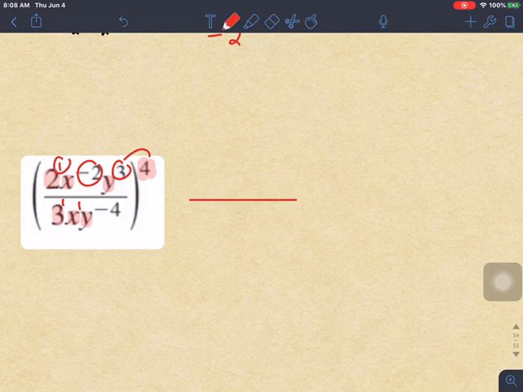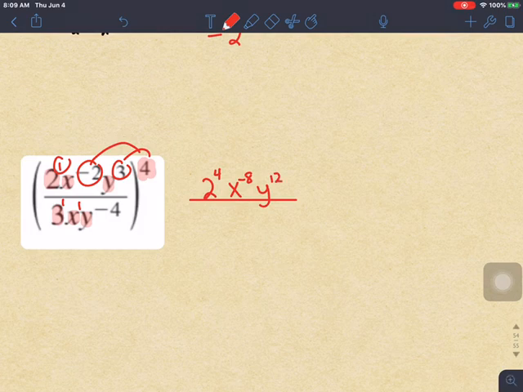So 2 to the first raised to the 4th power becomes 2 to the 4th. X to the -2 times x to the positive 4 is x to the -8. And then lastly, y to the 3rd raised to the 4th power becomes y to the 12th power.